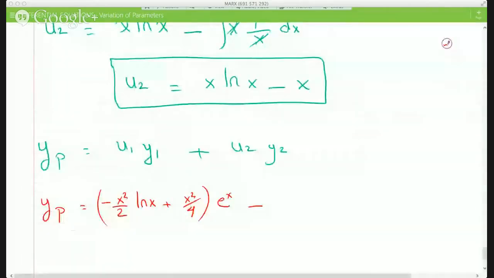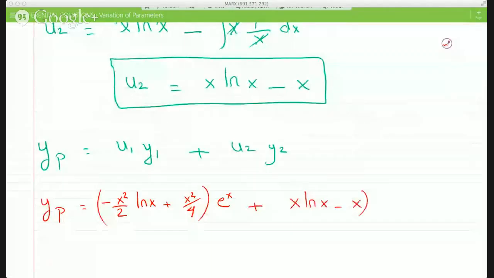Plus u2, which we just got right here, x ln x minus x, times y2, which is x e to the x. So this is your y particular.